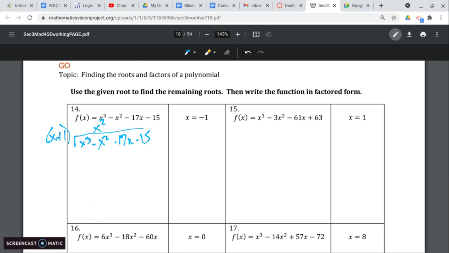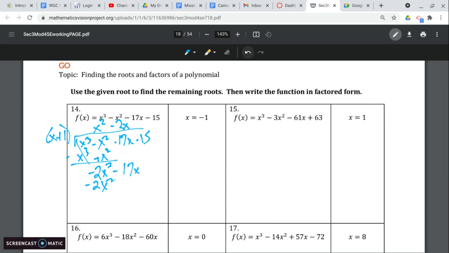We'd multiply by an x squared, so we'd have x to the third plus x squared. Subtract, they both cancel, or wait, nope, they don't both cancel. Negative x squared minus x squared is a negative 2x squared minus 17x, so we multiply by a negative 2x.